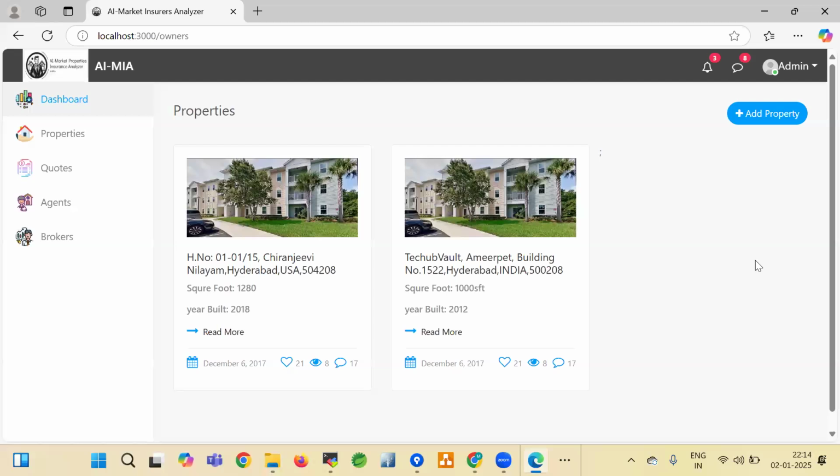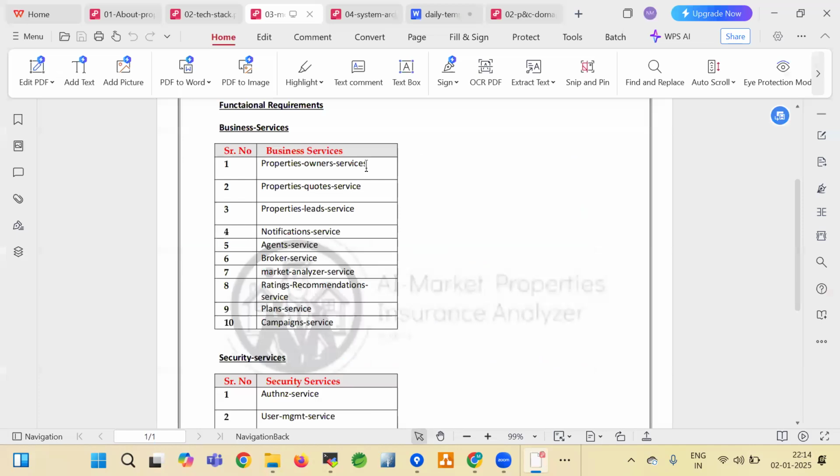To implement the owner's functionality, we have a business service. We're going to implement the business service called properties owner service. It's also kind of a properties management service, I could say, which can manage both the owners and their properties.